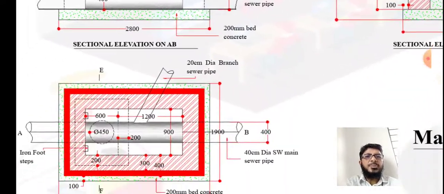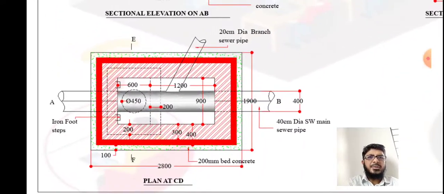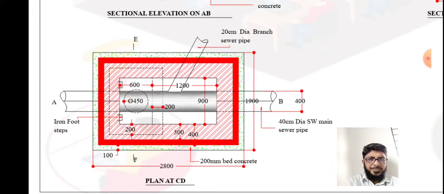Next come to the plan. In the plan we can see first the out to out dimension, that is the bed concrete, and the out to out dimension is 2.8 meter into 1.9 meter. We can see the main sewer line along AB, and a branch line of 20 centimeter dia is joined.